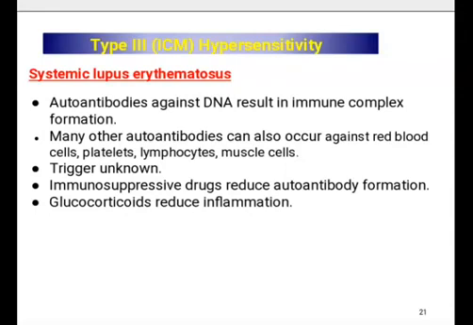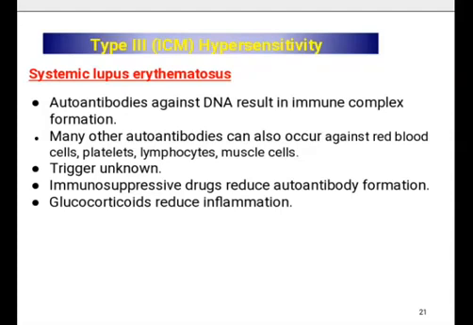It is an autoimmune disease in which the body's immune system mistakenly attacks healthy tissue in many parts of the body, and antibodies work against DNA, resulting in immune complex formation. Many other autoantibodies can also occur against RBCs, platelets, lymphocytes, and muscle cells. The mechanism of SLE is also totally unknown.